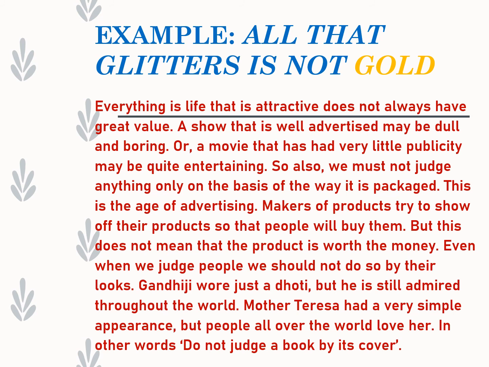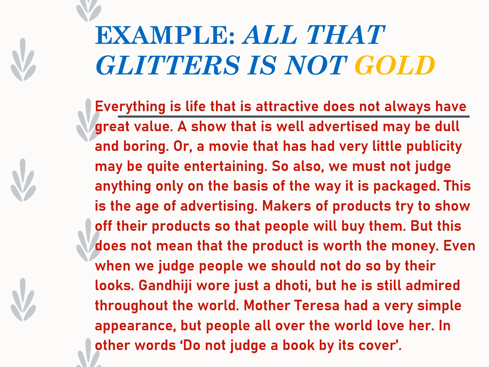An example for all that glitters is not gold. You can read through it and see how the 5 steps have been incorporated. First you find out the symbolism, then you write the literal meaning, then you put an example here, like Gandhiji just wore a dhoti but he is still admired.